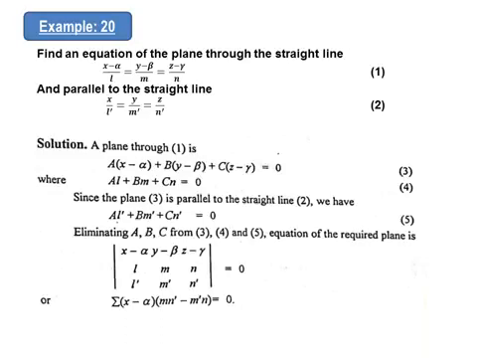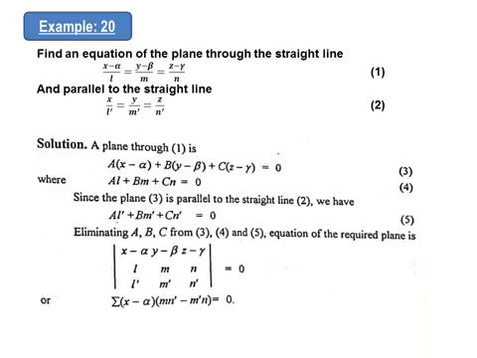Now substituting the values of x - alpha, which we have taken as lt, so substituting alt + bmt + cnt = 0, taking t as common, and t is a parameter which is non-zero, so it is not equal to 0. So we have al + bm + cn = 0 in equation number 4.